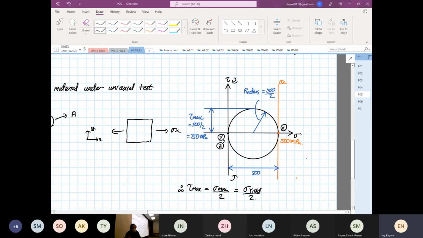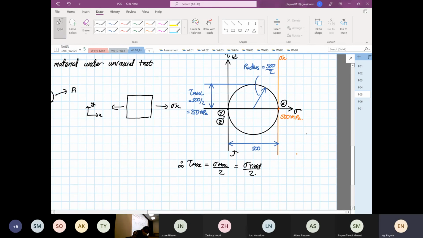I'm introducing you to a new criterion now. The above expression is known as the Tresca criteria.